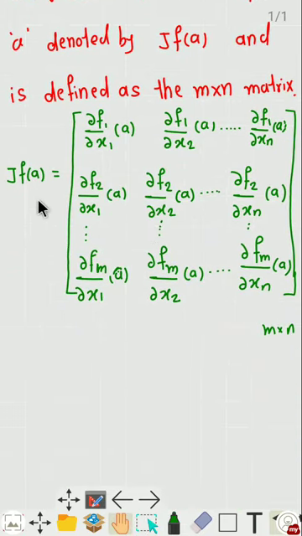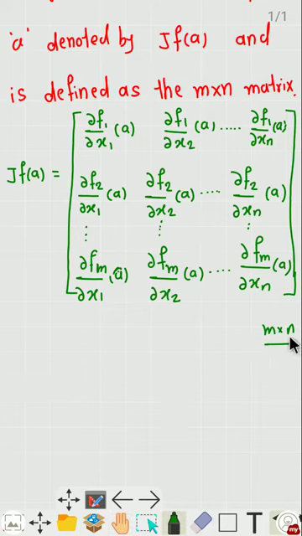The first row is dou f1 by dou x1 at A, dou f1 by dou x2 at A, dot dot dot dou f1 by dou xn at A. The second row is dou f2 by dou x1 at A, dou f2 by dou x2 at A, dot dot dot dou f2 by dou xn at A, and the final mth row is dou fm by dou x1 at A, dou fm by dou x2 at A, dot dot dot dou fm by dou xn at A. So this is a matrix of order m cross n.